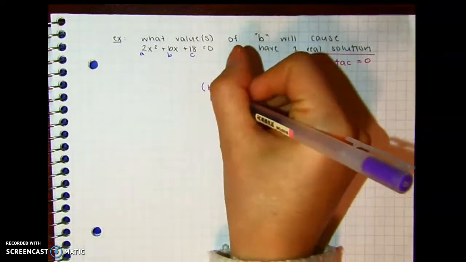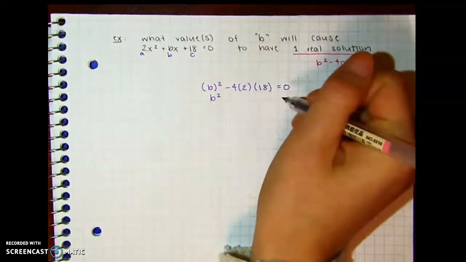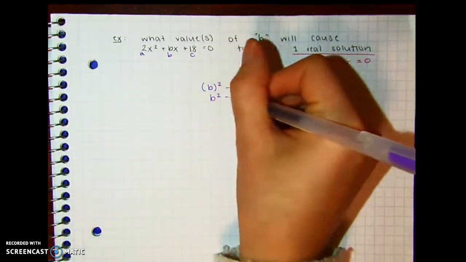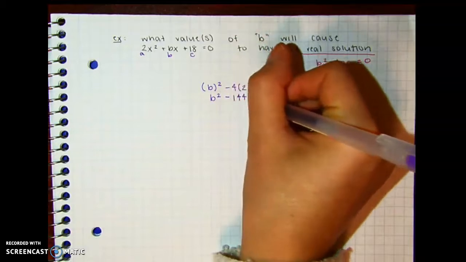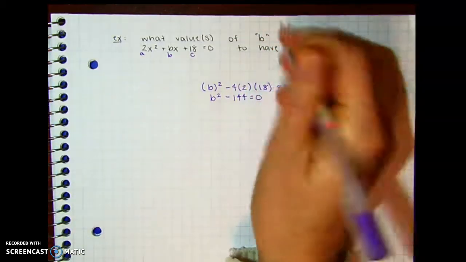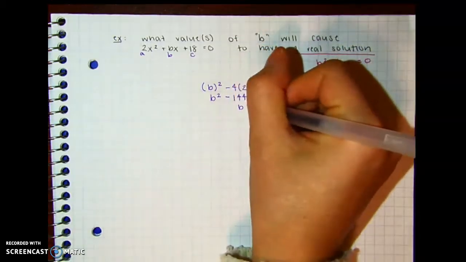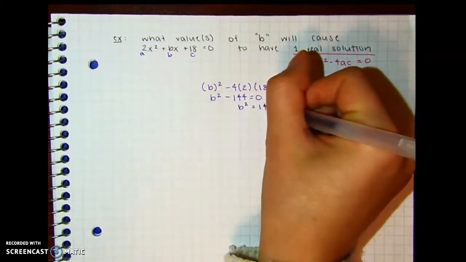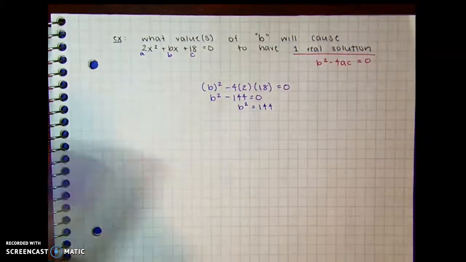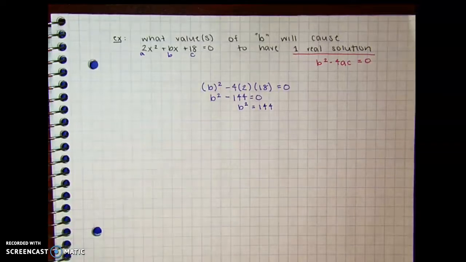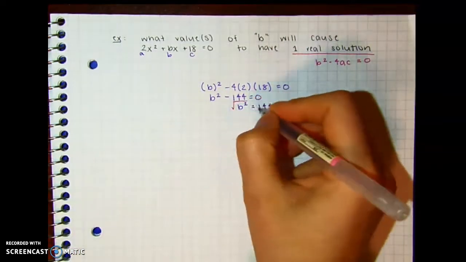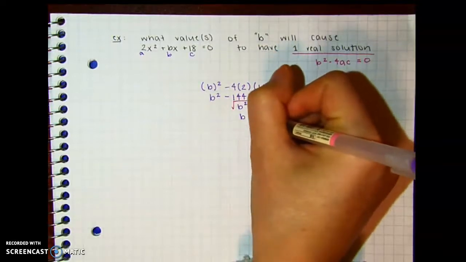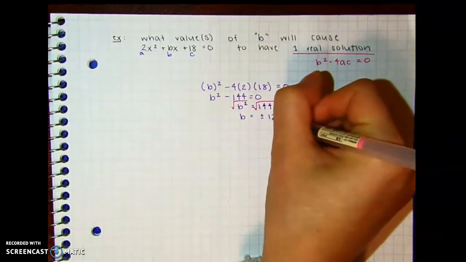So then that means b squared, and negative 4 times 2 is negative 8, times 18 is negative 144. So we add 144 to both sides, or you could factor, either way. And then we take the square root of both sides. So that means that b is going to be either positive or negative 12.